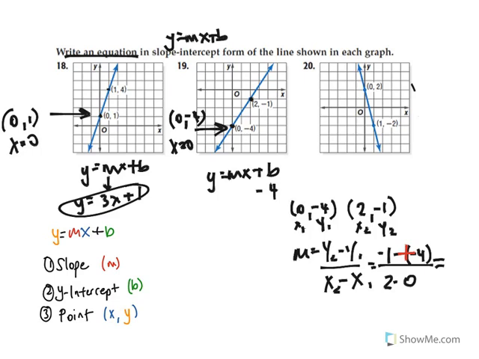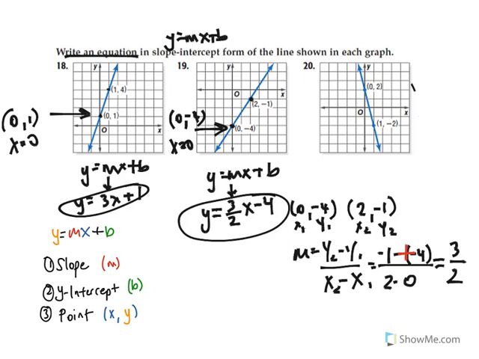So I have -1 plus 4 gives me 3 over 2 minus 0, which is 2. So the slope here is 3 over 2x. Let me just move this y-intercept down a bit so they're even. And this is the equation of my line.